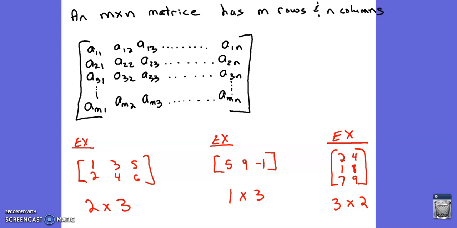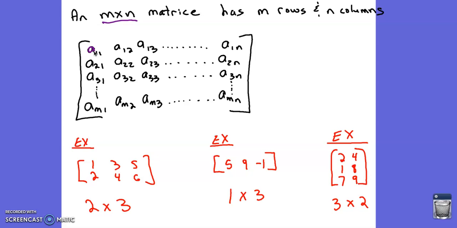So, in general format, an M by N matrix. So notice this is a matrix of a certain size. And you may not have ever seen it written this way, but this is the first term in the sequence, the first entry. And notice it's based off of rows and columns.